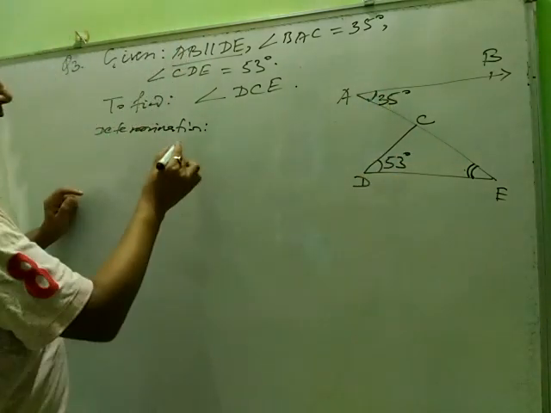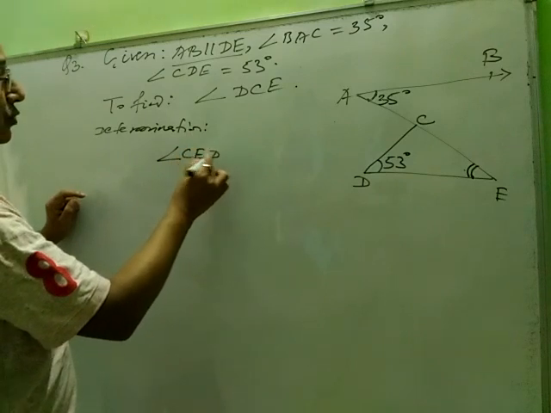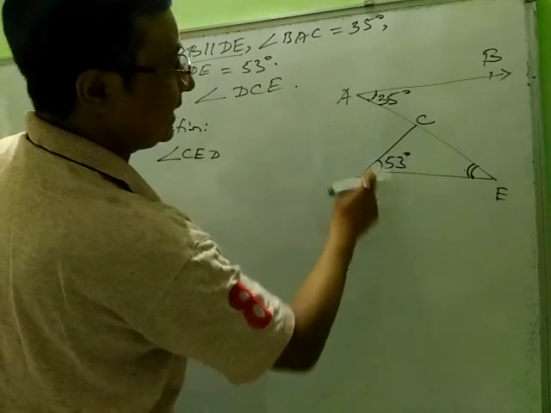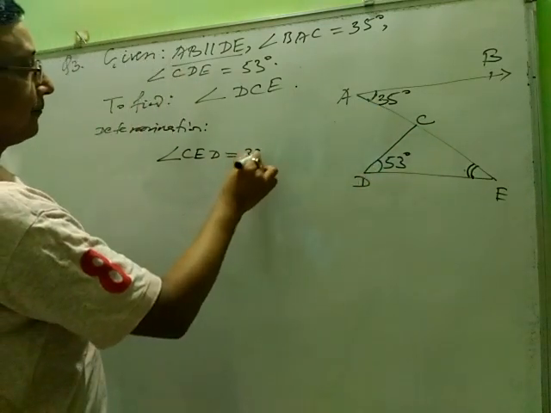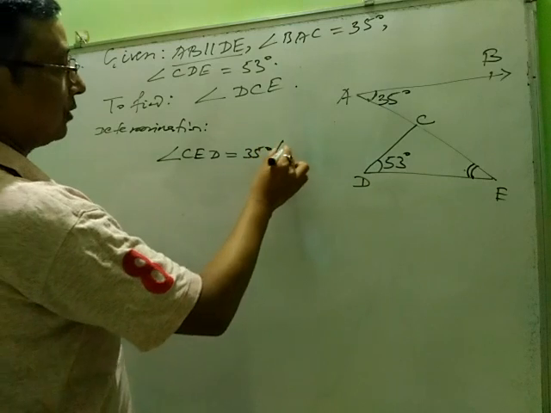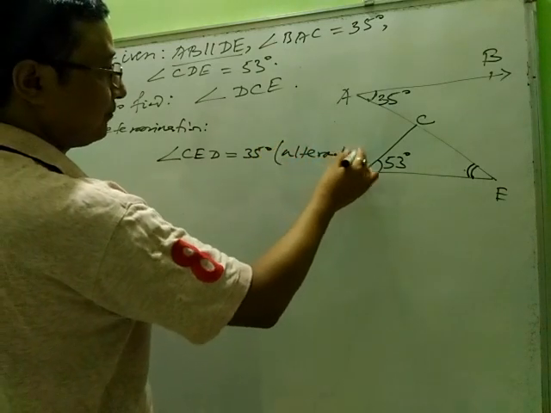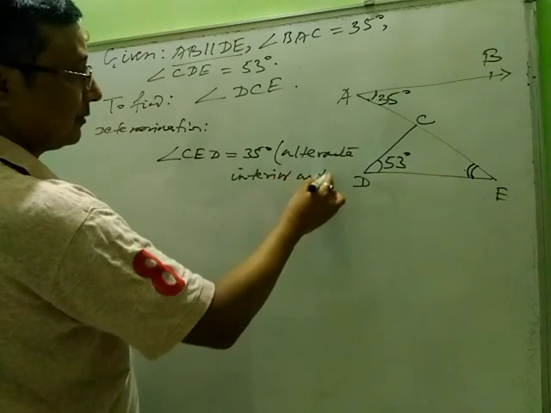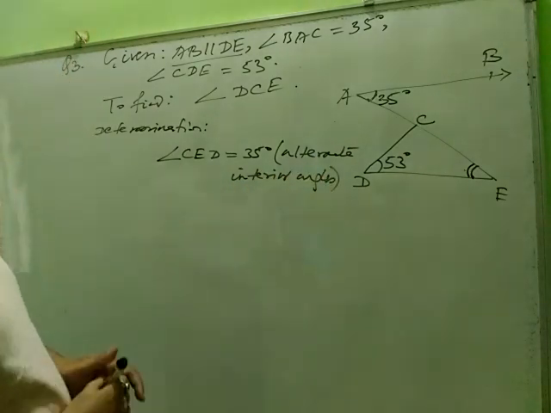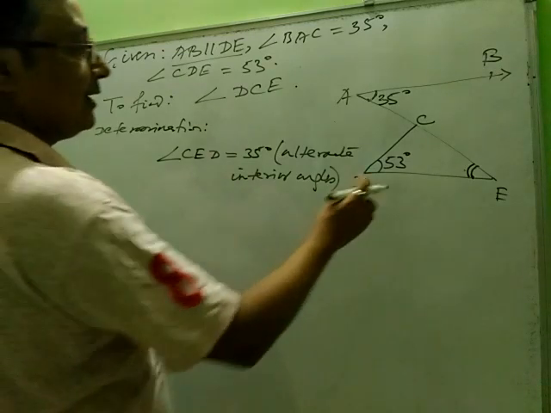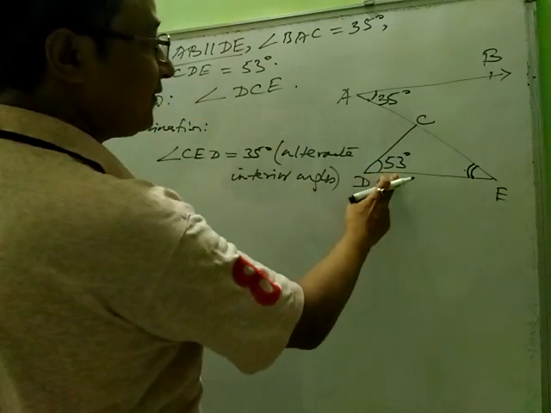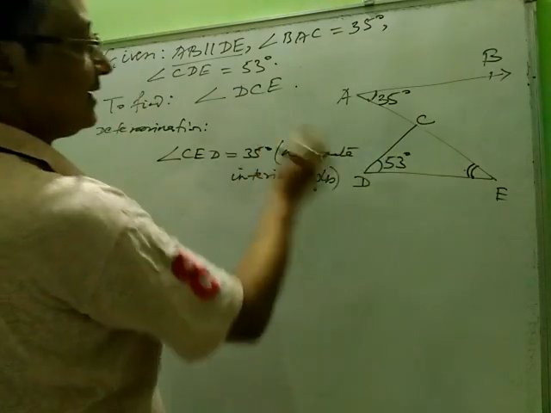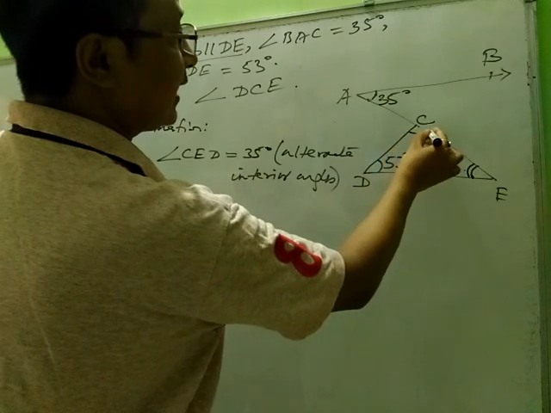So angle CED equals 35 degrees, alternate interior angles. Now they have given CDE as 53 degrees. You are to find DCE.